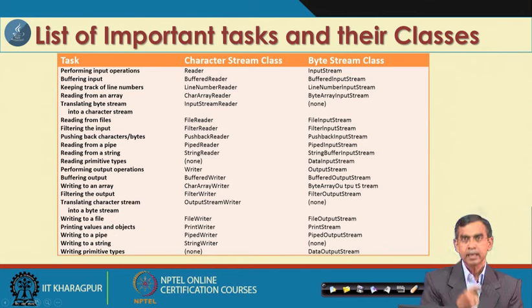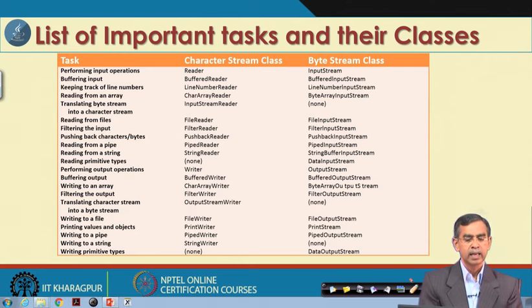Now, here is a quick summary of the different methods we have mentioned, just for information, since going through all the details is really very difficult. As we see here, if we want to accomplish a particular task, we can consider either character stream classes or byte stream classes.